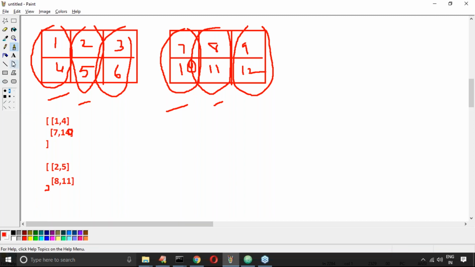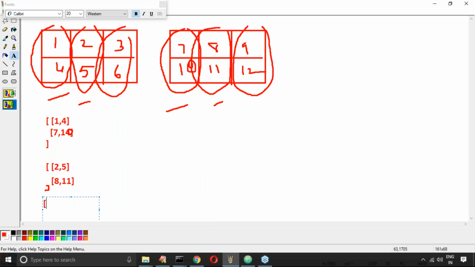Now the third 2D array: 3, 6, and next 9, 12. Is it?